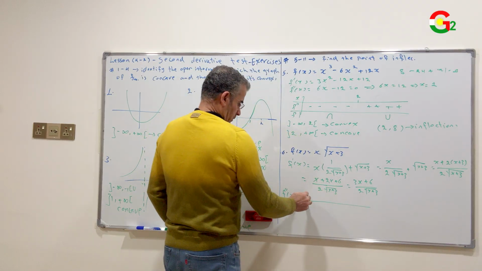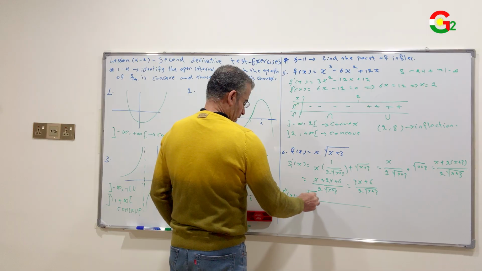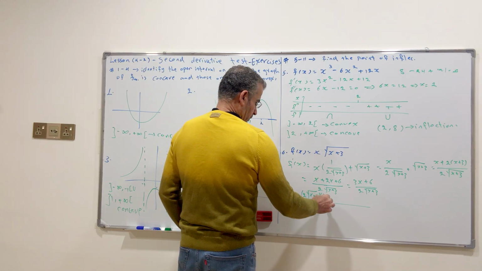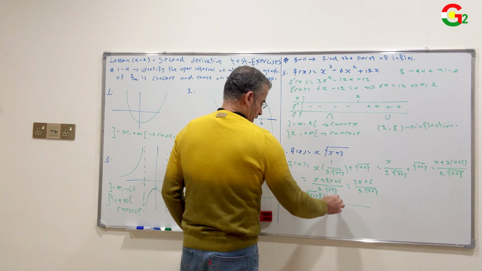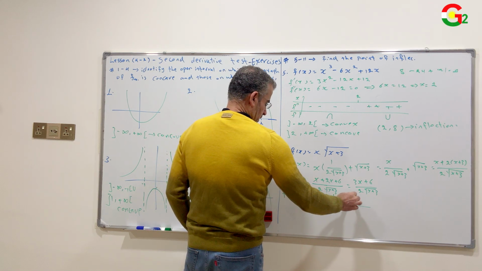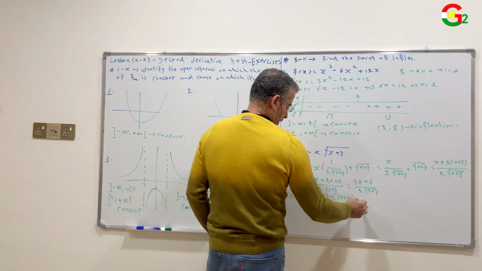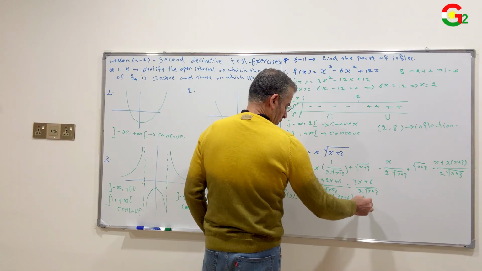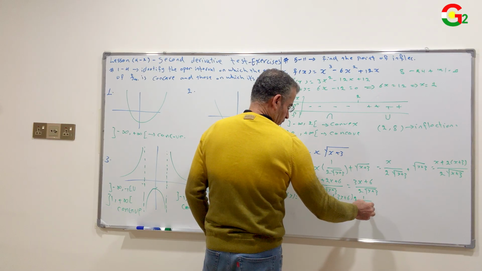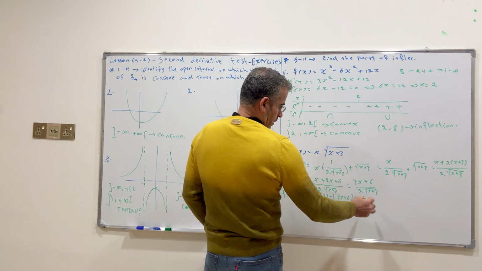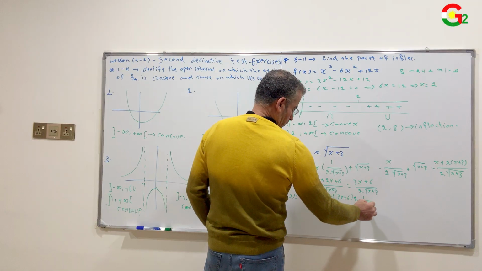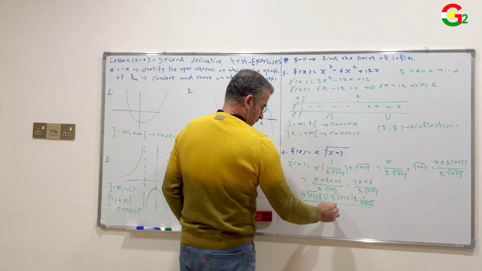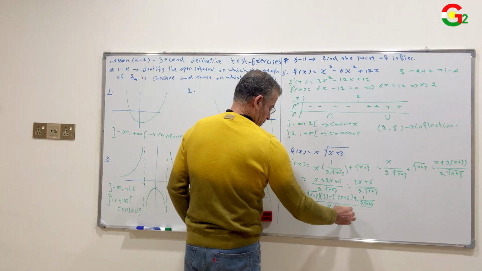The denominator, 2 square root x plus 3, times the derivative of the numerator, 3, minus the numerator, 3x plus 6, times the derivative of the denominator, 2, 1 over 2 square root x plus 3, over the denominator squared, 4 times x plus 3.